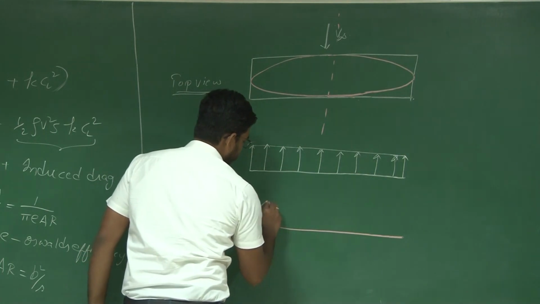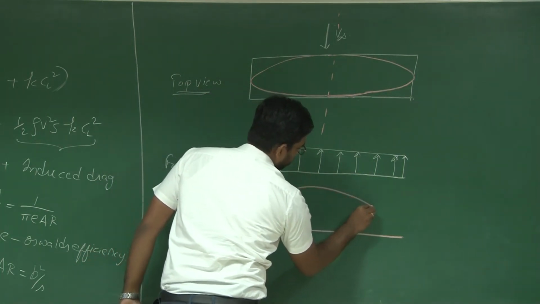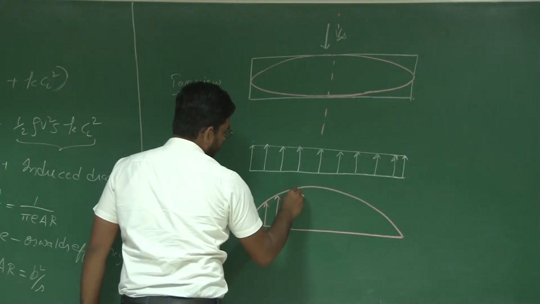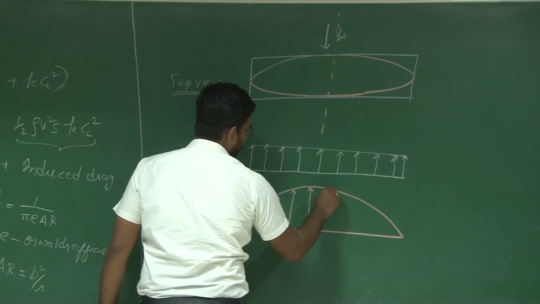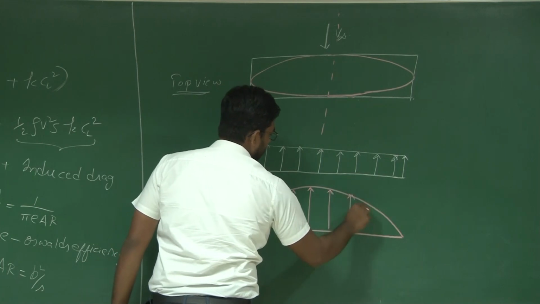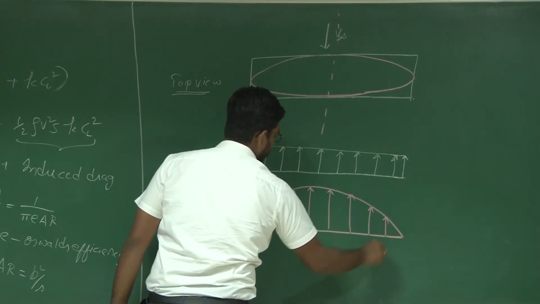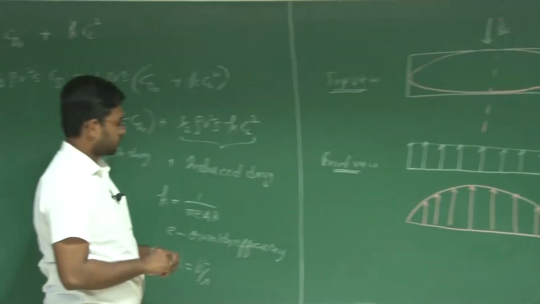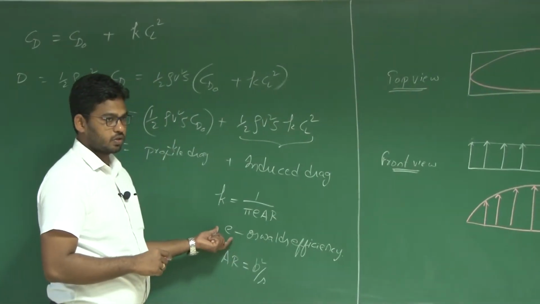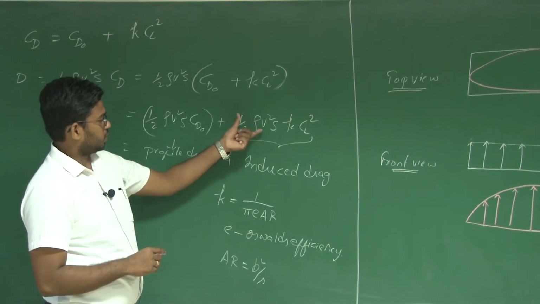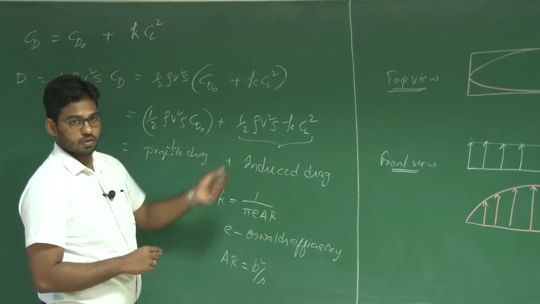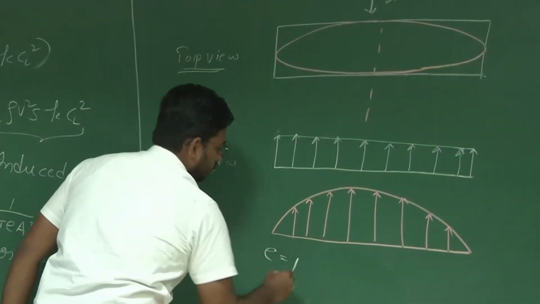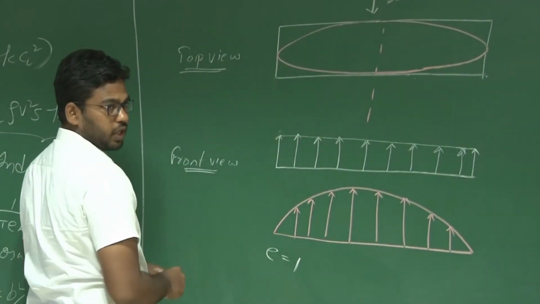So for an elliptic wing, you will end up having an elliptic lift distribution. For such a lift distribution, which is elliptic, the Oswald's efficiency factor is equal to 1, and the corresponding induced drag will reduce. So the upper limit of this Oswald's efficiency is 1. That is for the elliptic wing.